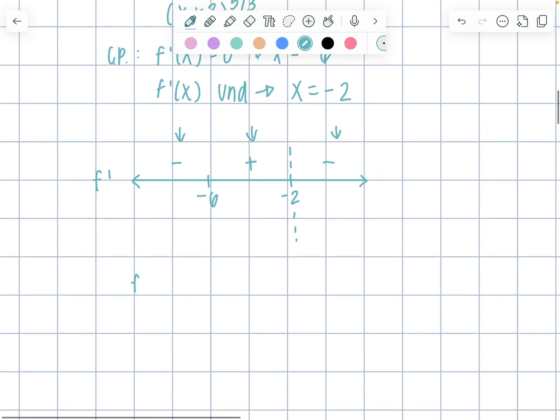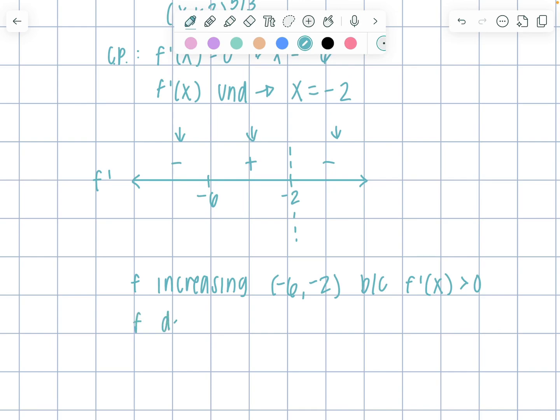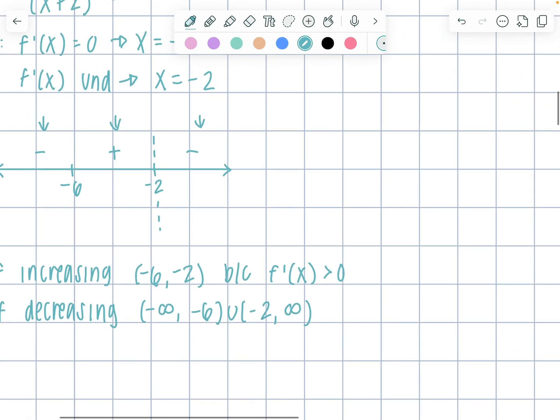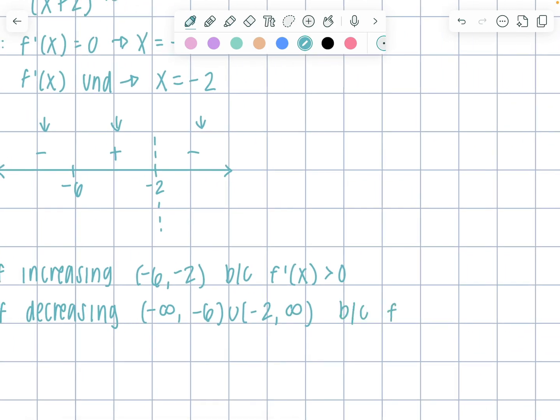This means that our function f is increasing from negative 6 to negative 2 because f prime is greater than 0. This also means that our function is decreasing from negative infinity to negative 6 and negative 2 to positive infinity because our f prime function is less than 0.